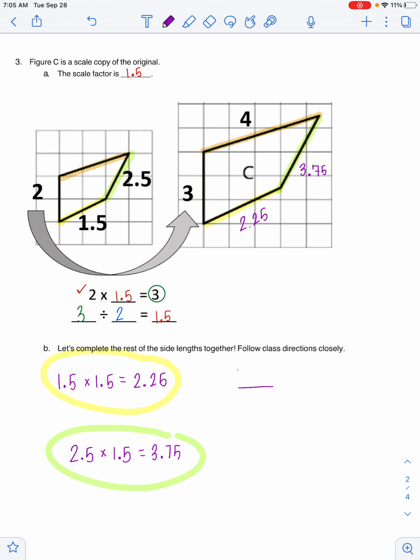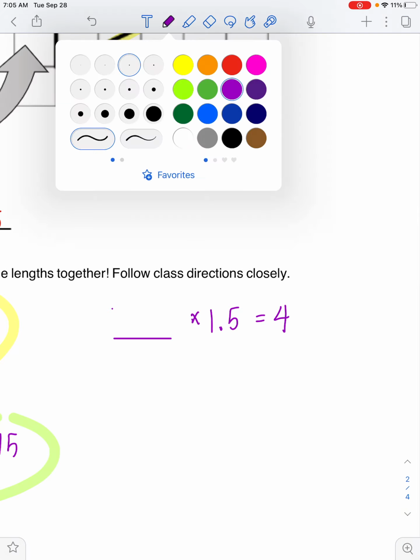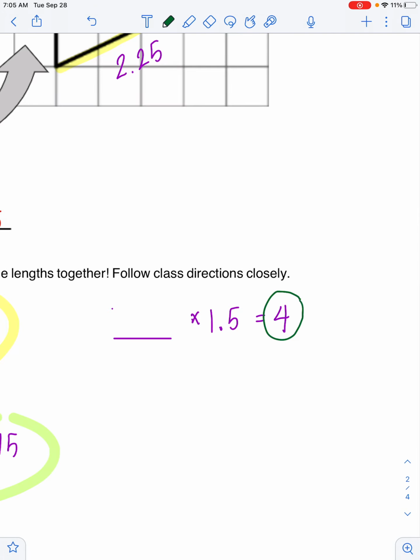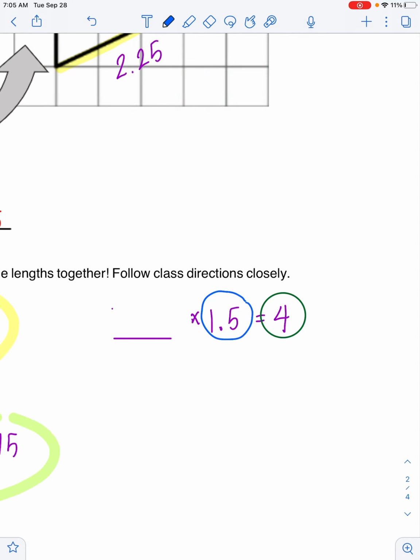Now remember, we can use what we know about inverse operations, the product divided by the factor that we know tells us the other factor. So 4 divided by 1.5.